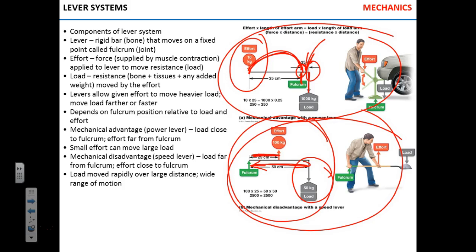They move it at a very short distance, but the end of the bat moves incredibly fast. And if you would look at the muscles in the human body, you will see that some muscles operate at the mechanical advantage, or some muscles operate at the mechanical disadvantage. And we're going to talk about it. Does that make sense?